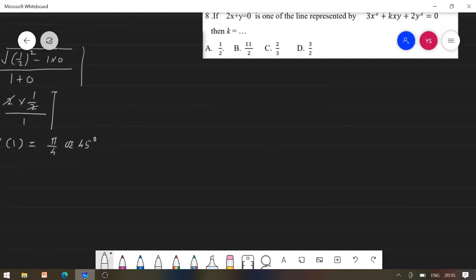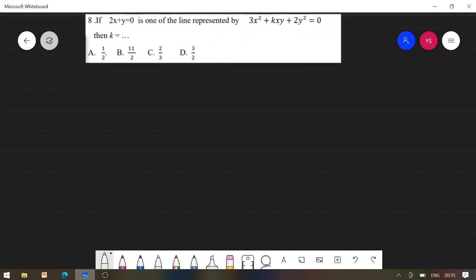Now look at the next MCQ. If twice x plus y equals 0 is one of the lines represented by thrice x square plus kxy plus 2y square equals 0, then what is the value of k?